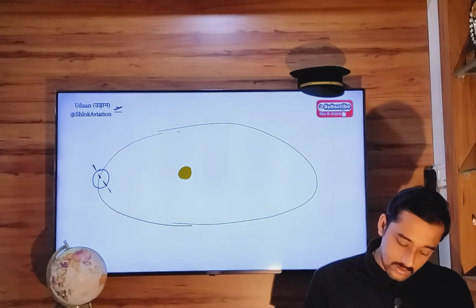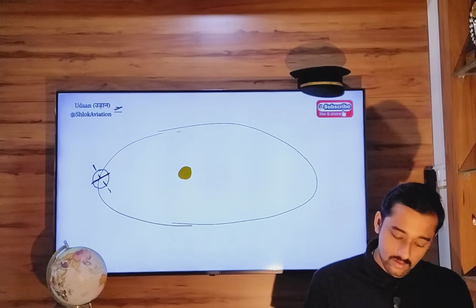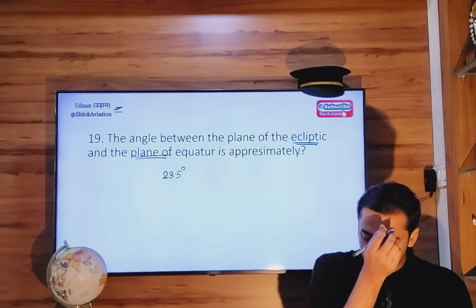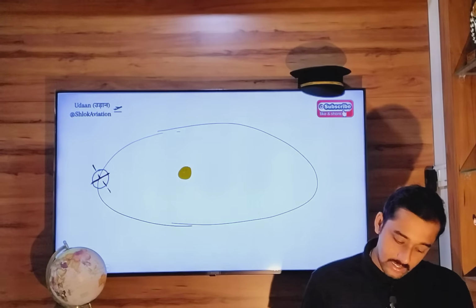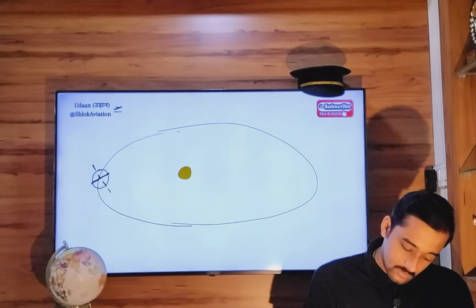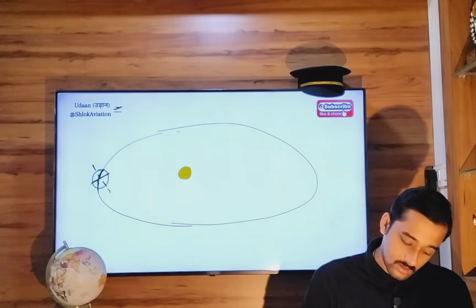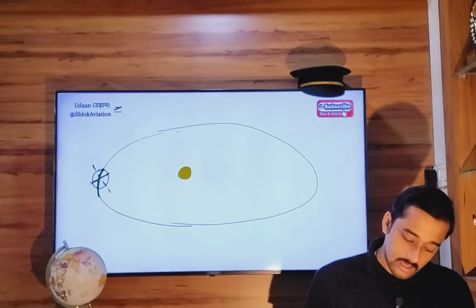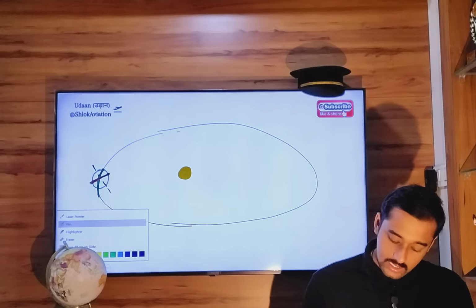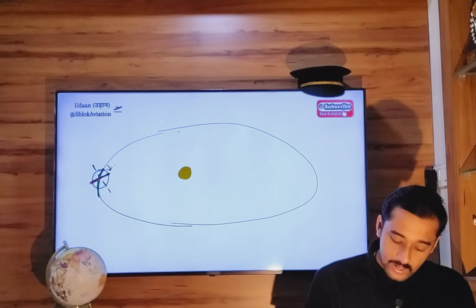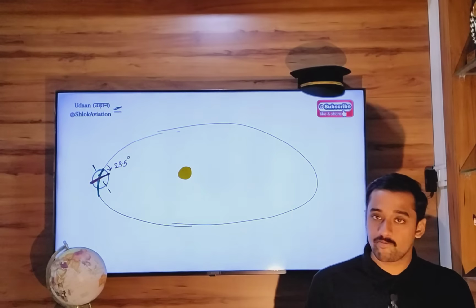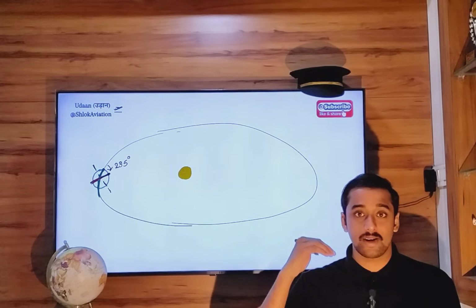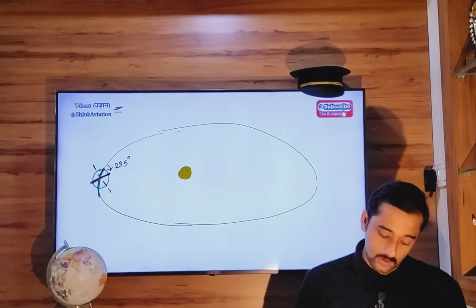Here is the equator. So the angle between this orbit and this equatorial plane is equal to 23.5 degrees, and that's why we have 23.5 degrees north Cancer, 23.5 degrees south Capricorn.